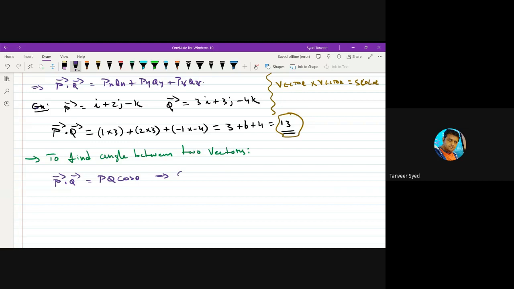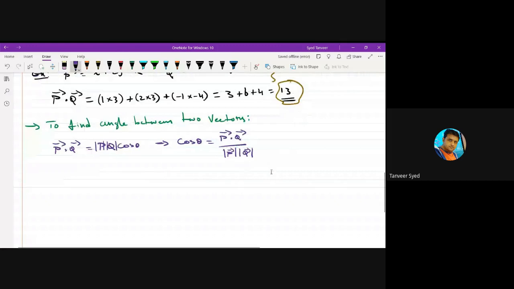That means from here we can write cos theta as P dot Q by PQ. I will put mod also: P dot Q by magnitude of P into magnitude of Q. From this you can find angle between two vectors.